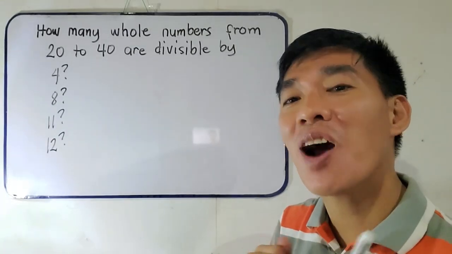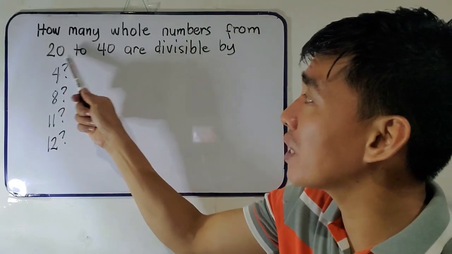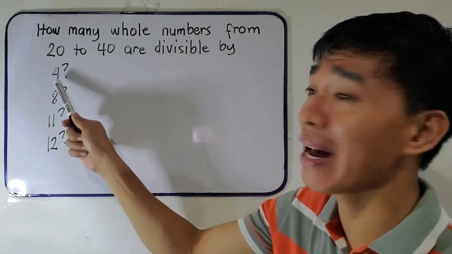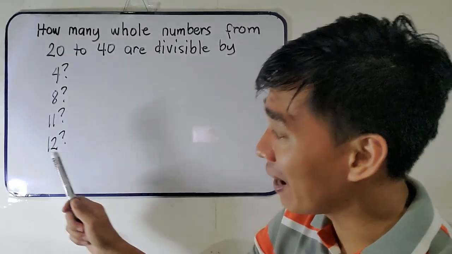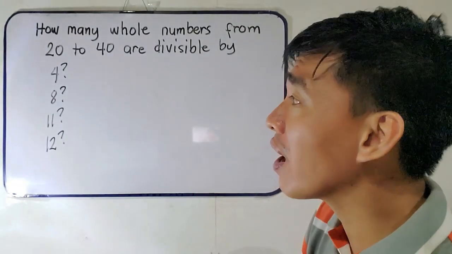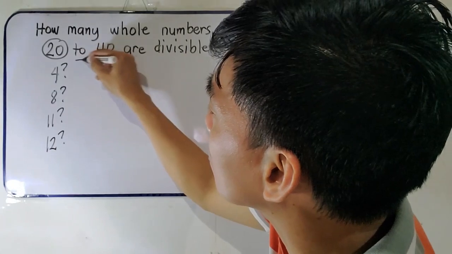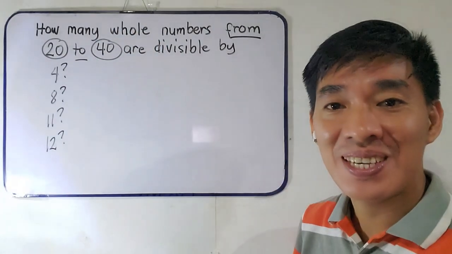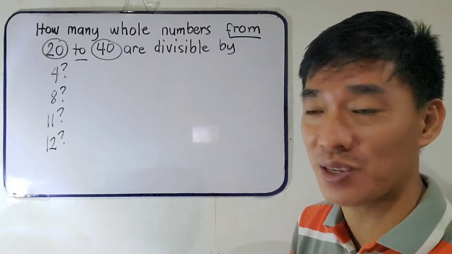Let us now answer our last activity. How many whole numbers from 20 to 40 are divisible by 4, by 8, by 11, or by 12? So let's start with 4. Remember that our answer is only from 20 to 40. So it simply means that 20 and 40 are included in our options.